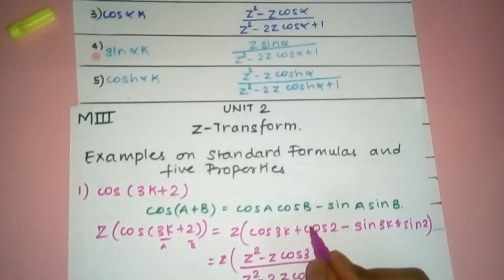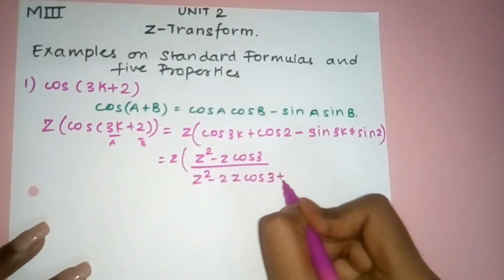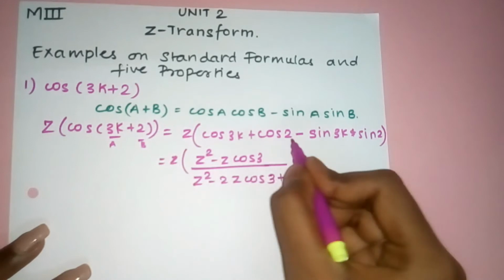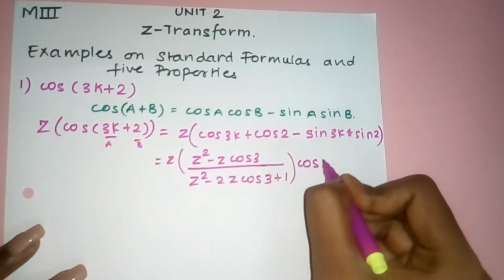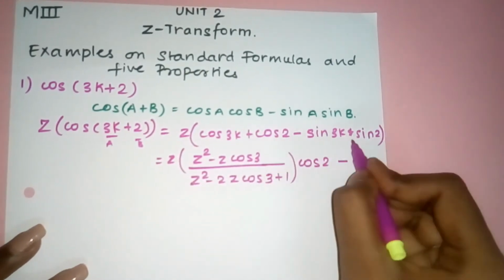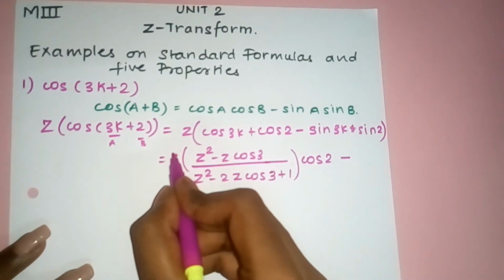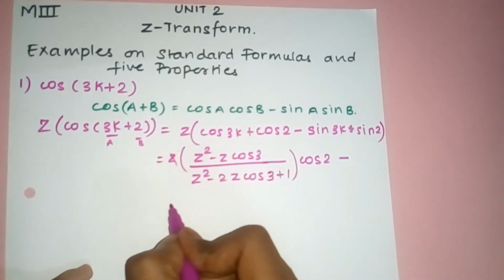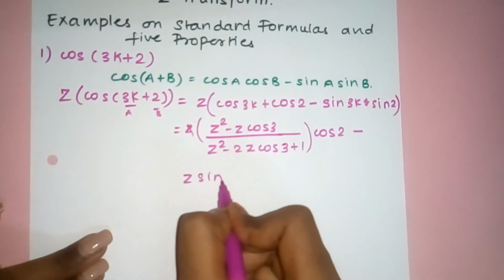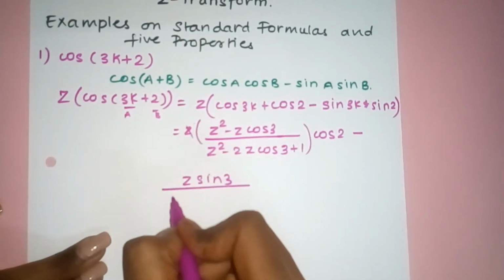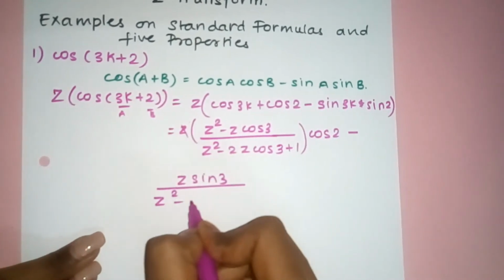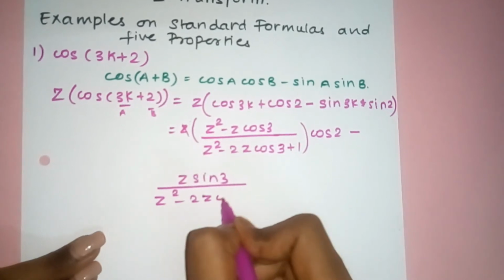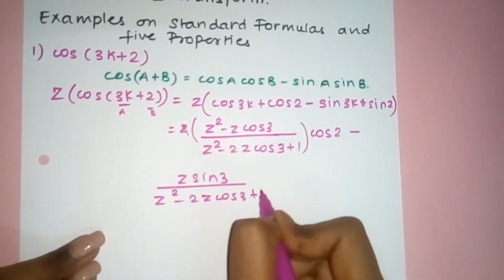Then this cos 2 we can write outside, minus now sin 3k, for which the formula is Z sin 3 upon (Z square minus 2Z cos 3 plus 1).